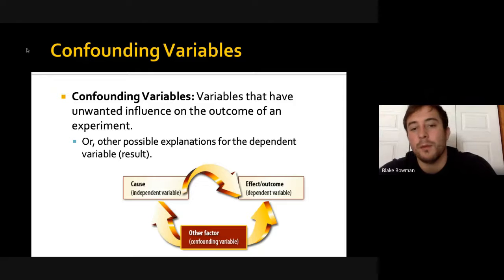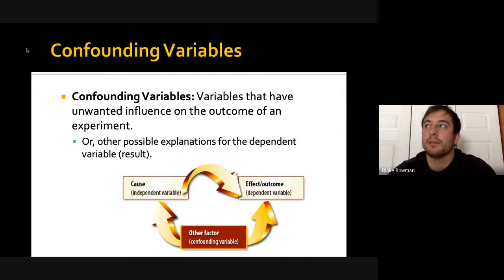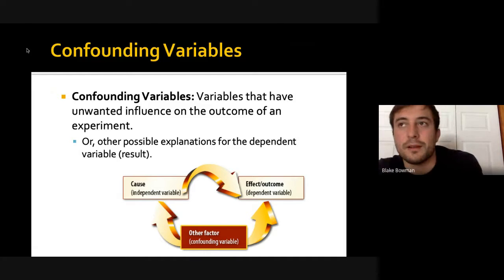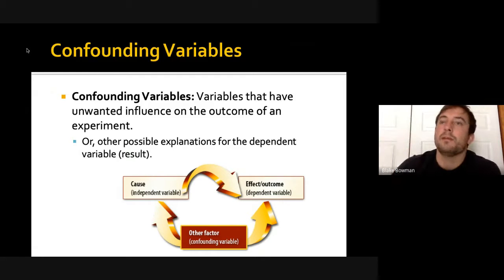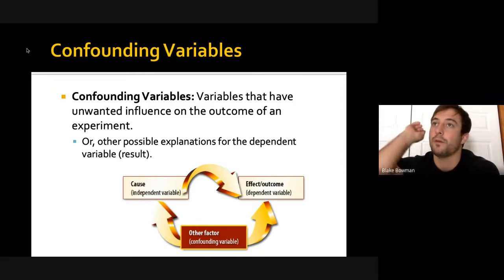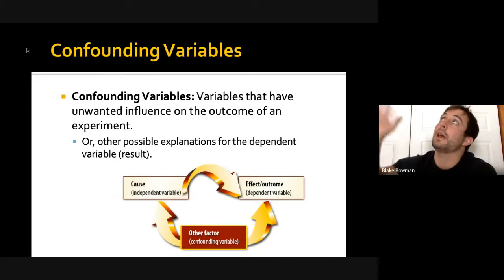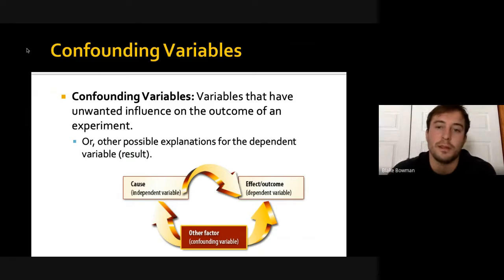And I gave that example of the moth and the light. Let's say we are just seeing how a moth is attracted to light. We might have a flashlight pointed at the ceiling, and that moth might go to it. But a confounding variable to that experiment is, let's say you forgot to shut the blinds on the window. So that moth is going right towards the window rather than the light you have presented on the wall or the ceiling.